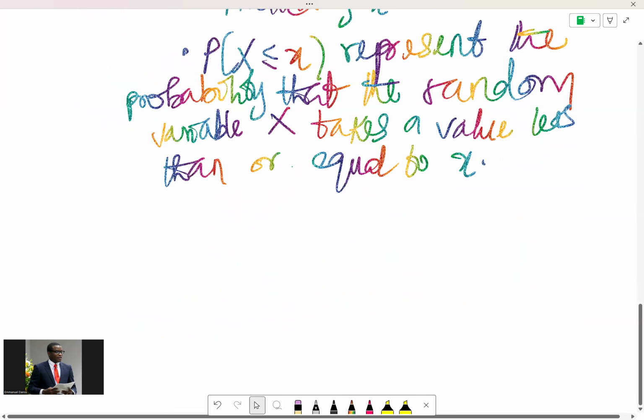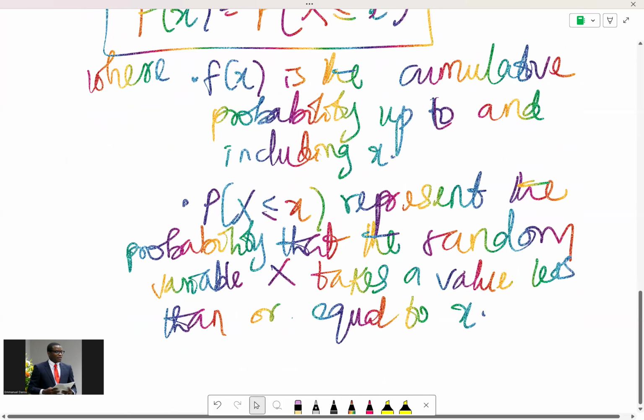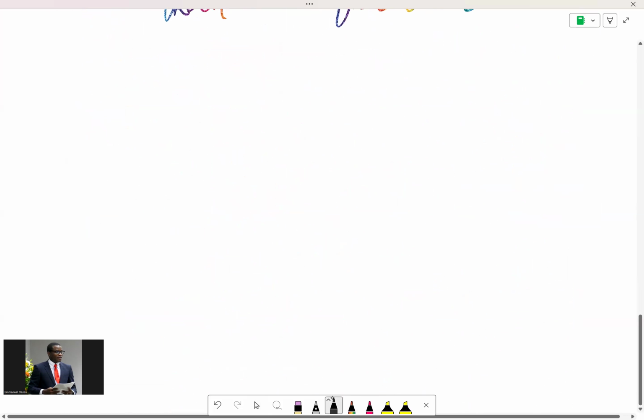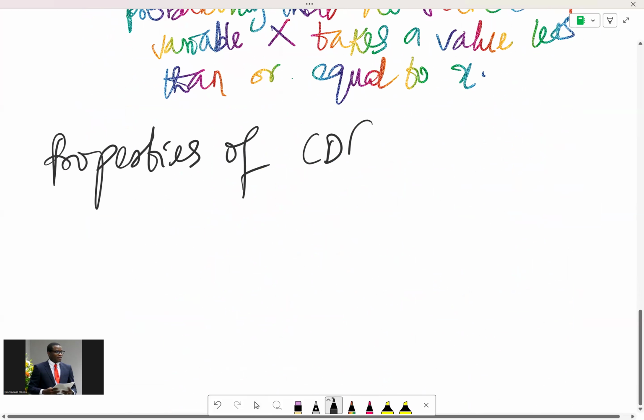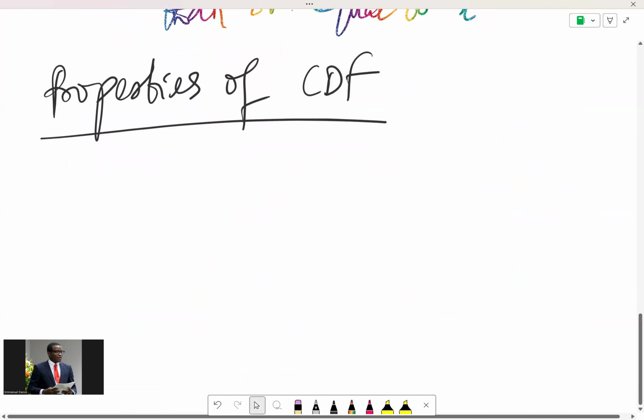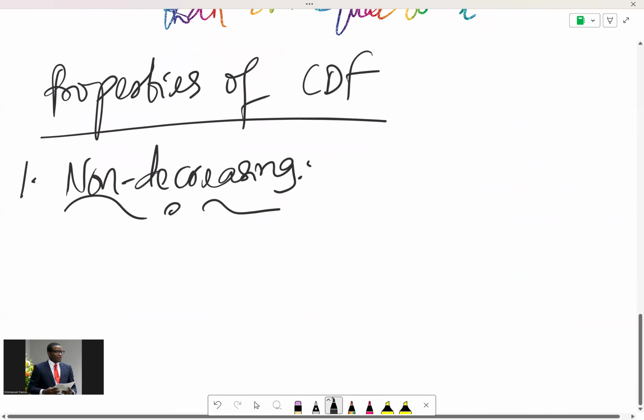Now let's see some quick properties of that. What are some properties of the cumulative distribution function? First of all, it is non-decreasing. It's accumulating like the name goes. That simply means that the CDF is always non-decreasing.